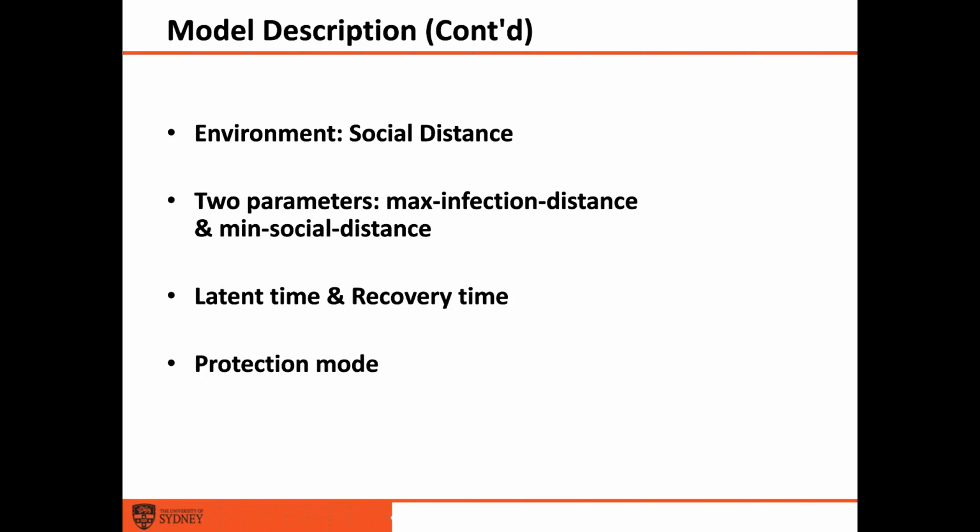Now let's go to the core of the model, which is the social distance part. In the model, we set 2 parameters, namely max infection distance and the mean social distance. The principle is to let people choose the grid with the least people in their field to move.